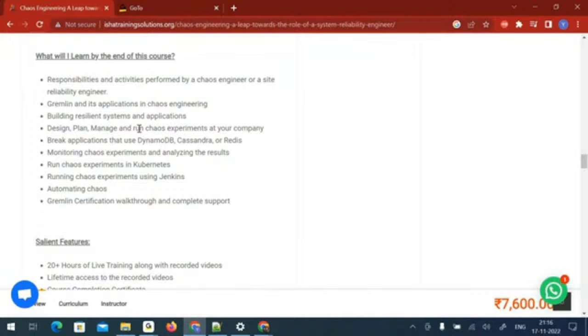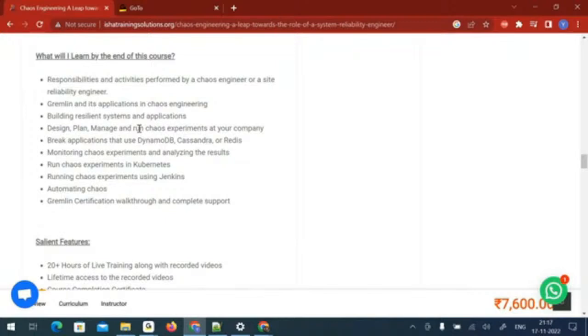So that's what this course also covers overall. It tries to cover the main principles behind chaos engineering, and the responsibilities and activities a real chaos engineer performs. We try to put that in the syllabus.